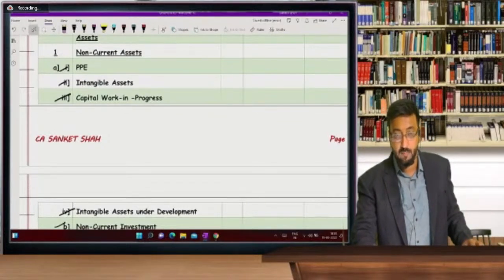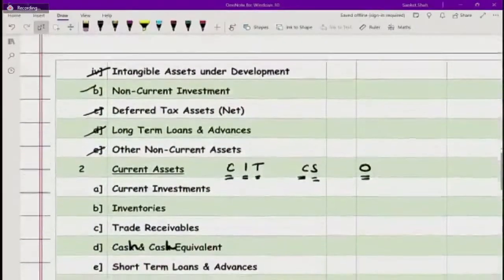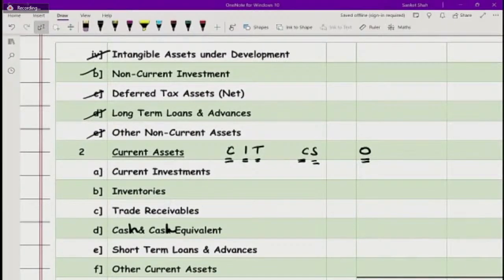Write down this pro forma fast. Intangible assets, and please write it down.